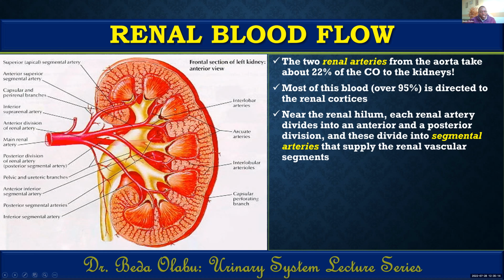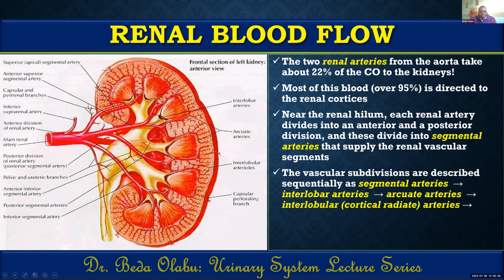Remember, a renal pyramid and the surrounding cortical tissue constitute the renal lobe. So the segmental arteries give you arteries that run between the lobes. Therefore, we call them the interlobar arteries. Segmental arteries give you interlobar arteries, like this is an interlobar artery. The interlobar arteries run between the pyramids, between the lobes.